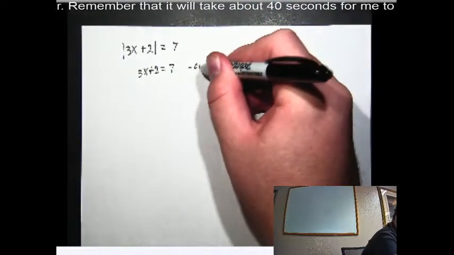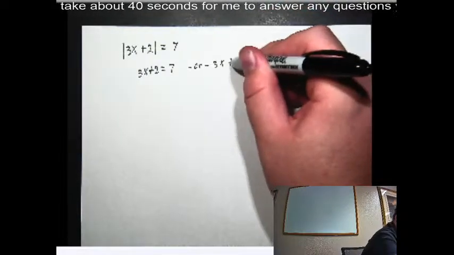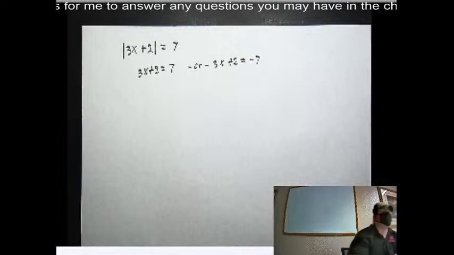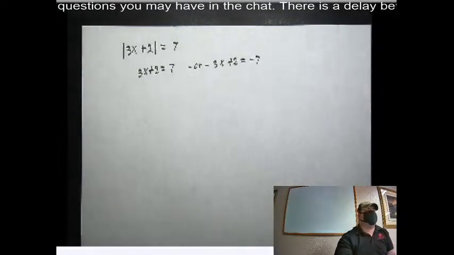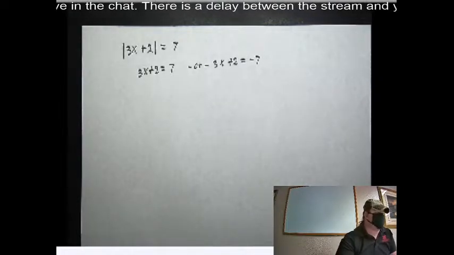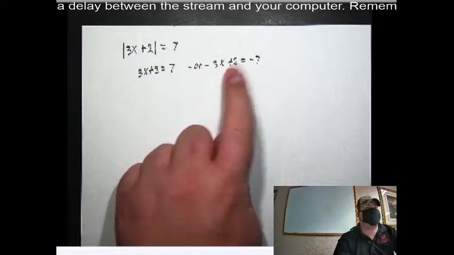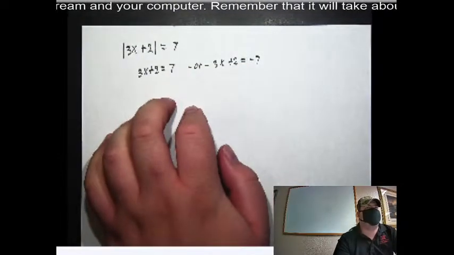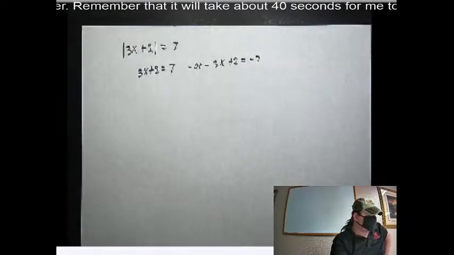Or 3x plus 2 could be equal to -7. Now, do we need to worry about flipping any kind of signs here? Do we have weight or do we have balance? We have balance. So we don't need to worry about flipping anything. There's nothing to flip.